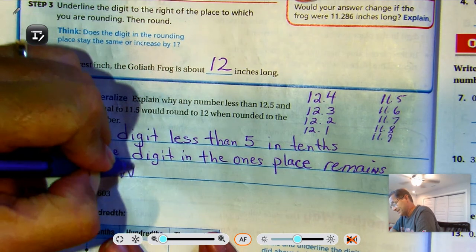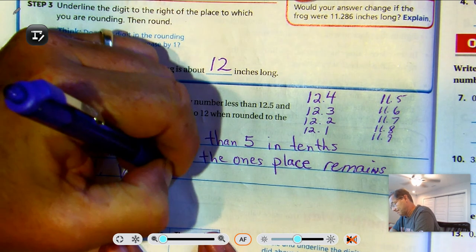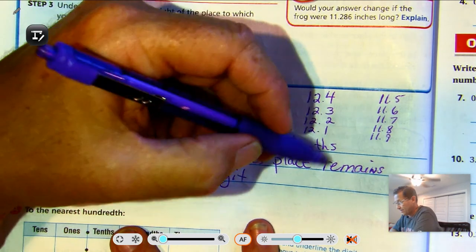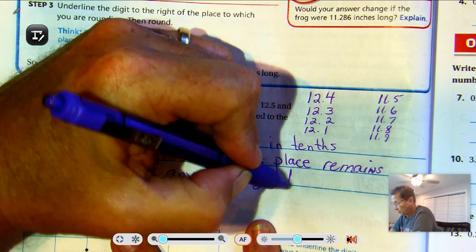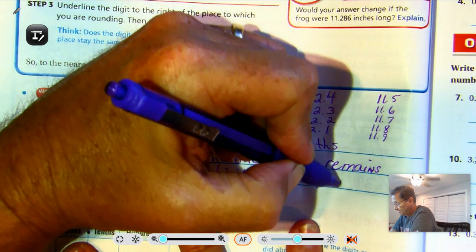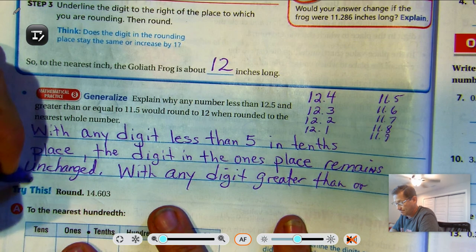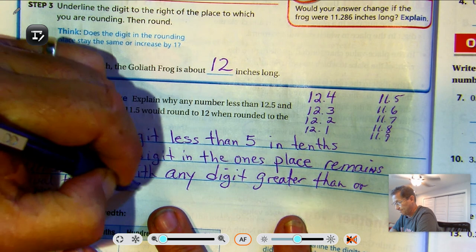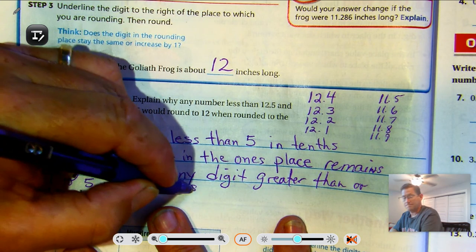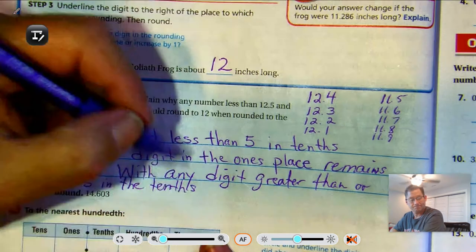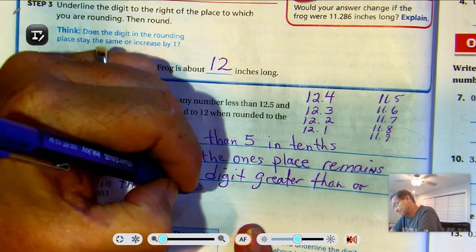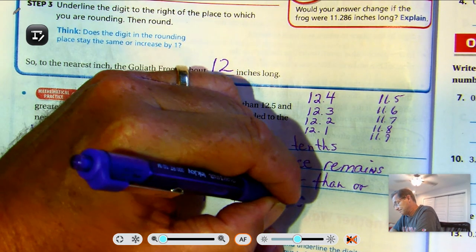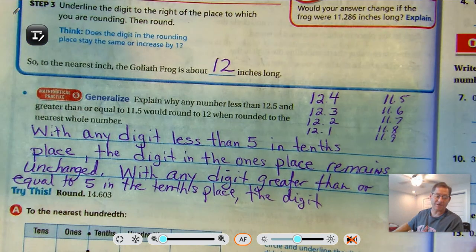With any digit greater than or equal to 5, the digit would have to increase by 1.